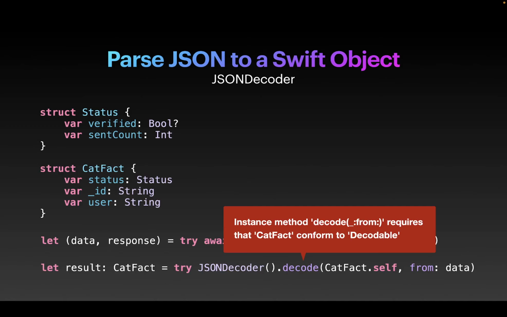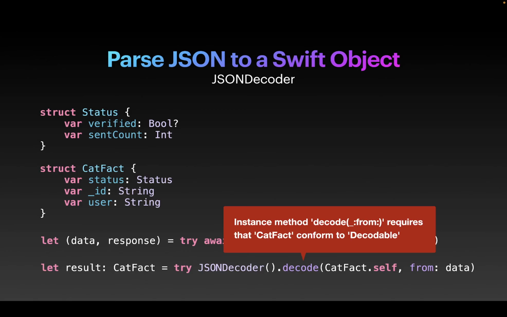It says the instance method requires that cat_fact conforms to Decodable. So the issue here is, even though you tell Swift to decode or parse the data to the cat_fact struct, Swift still doesn't know how to actually map the JSON fields to the struct.